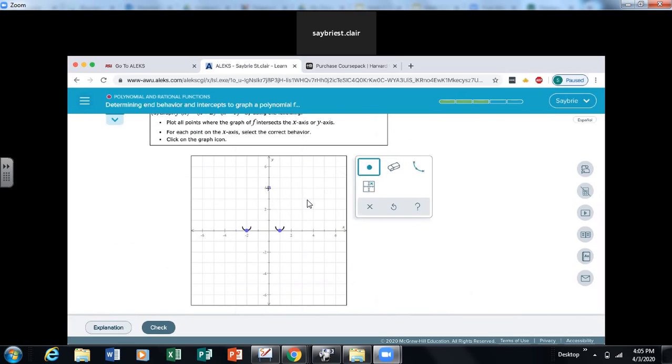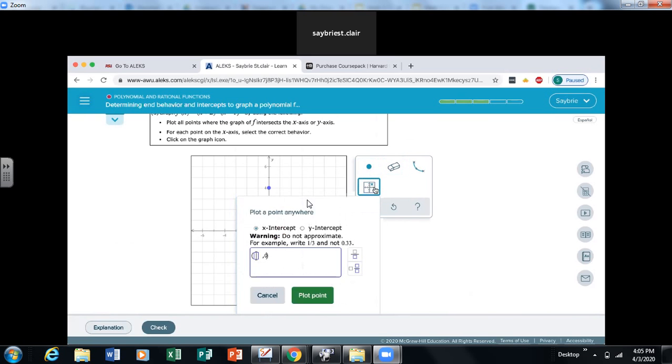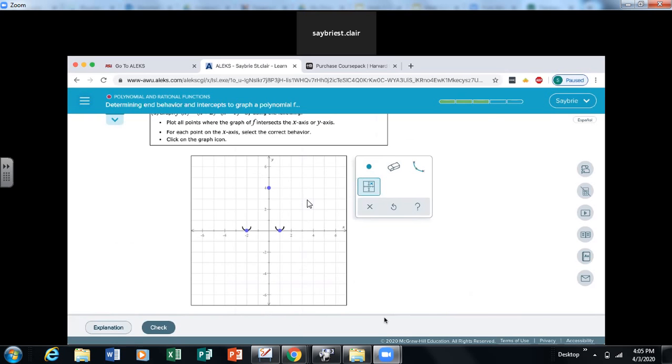So that's the Y-intercept. Do that as the Y-intercept, right? So I wouldn't do it as a dot. Remember how you had to do the Y-intercept using that little grid button? Hopefully, there you go. That's it. See if that works. How come it didn't take that as a Y-intercept?